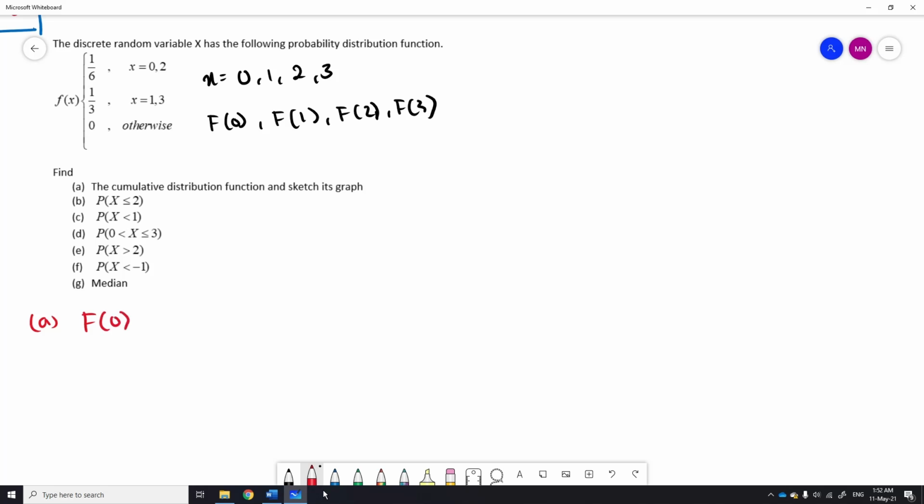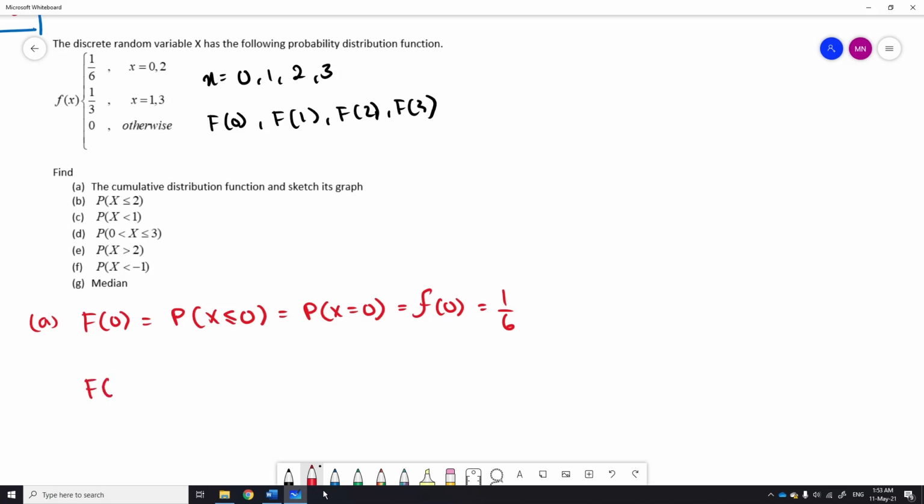Start with F(0). F(0) means the probability of x less than or equal to 0, so that is the probability of x equal to 0, which is the function value where x is 0. That is 1 over 6.